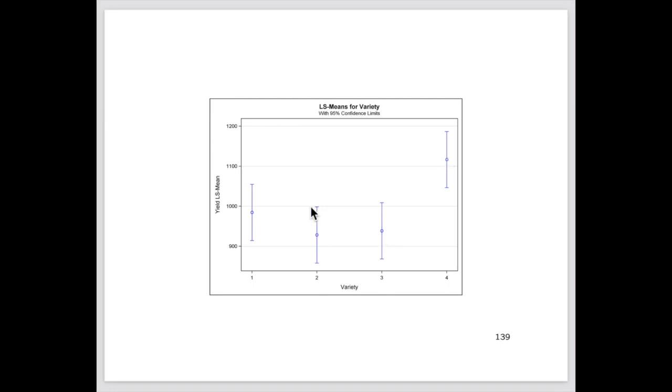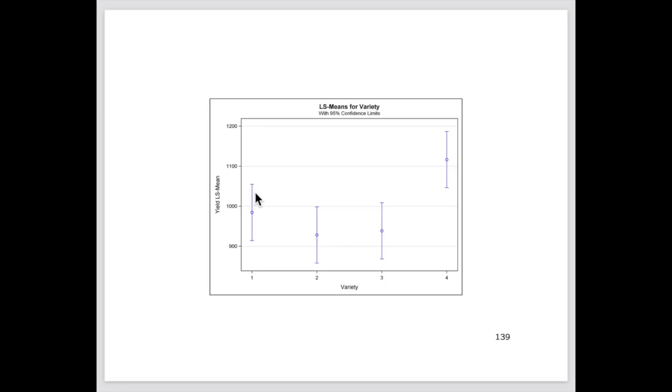Now notice here that the confidence intervals for mu1 and mu4 overlap. There's some overlap there. Some people like to use the confidence intervals for the individual means to make a determination as to whether the population means are different.